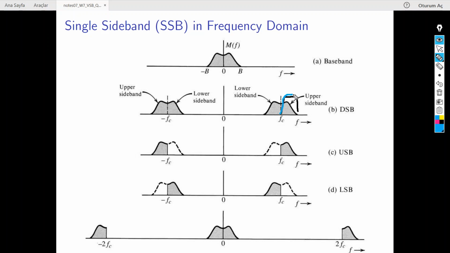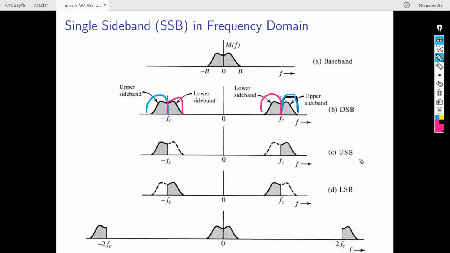Either a filter that takes the upper side of the signal, or a filter that takes the lower sideband. In case you take the blue one, the upper side, you end up with the upper sideband modulation scheme.